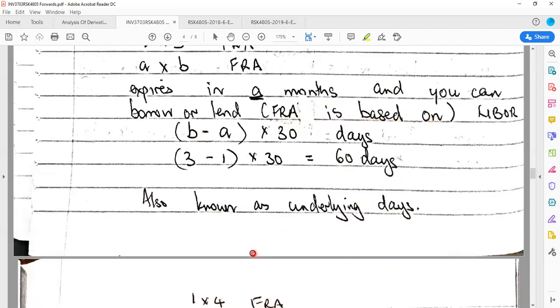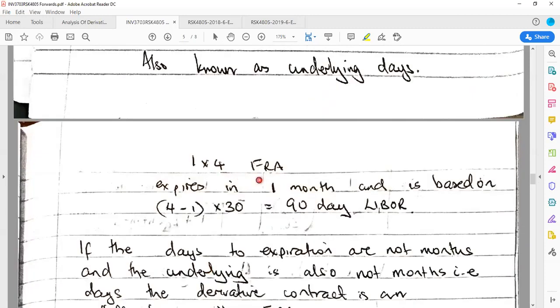I can explain that again using a 1/4 FRA. If they say 1/4 FRA, it means that you want to borrow or lend in 1 month, meaning the contract is expiring in 1 month. And you want to borrow or lend for 4 minus 1 month, meaning 3 months.